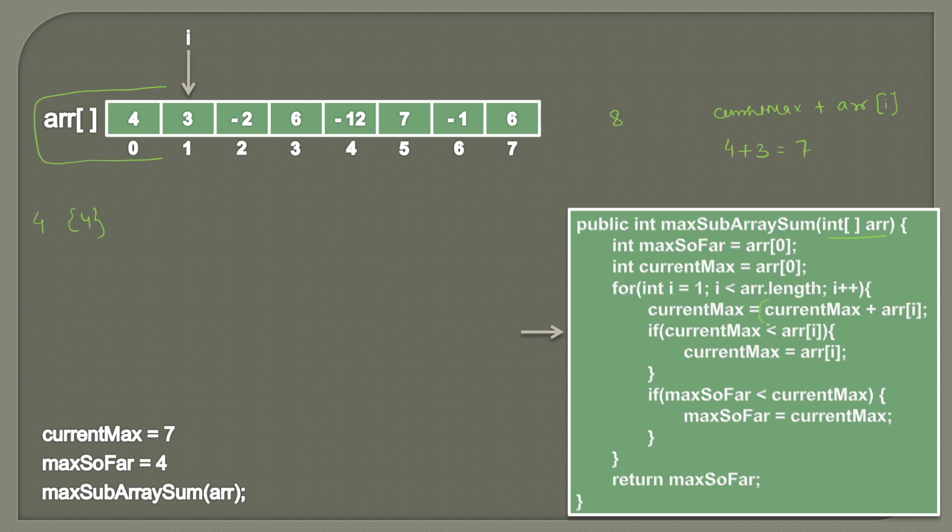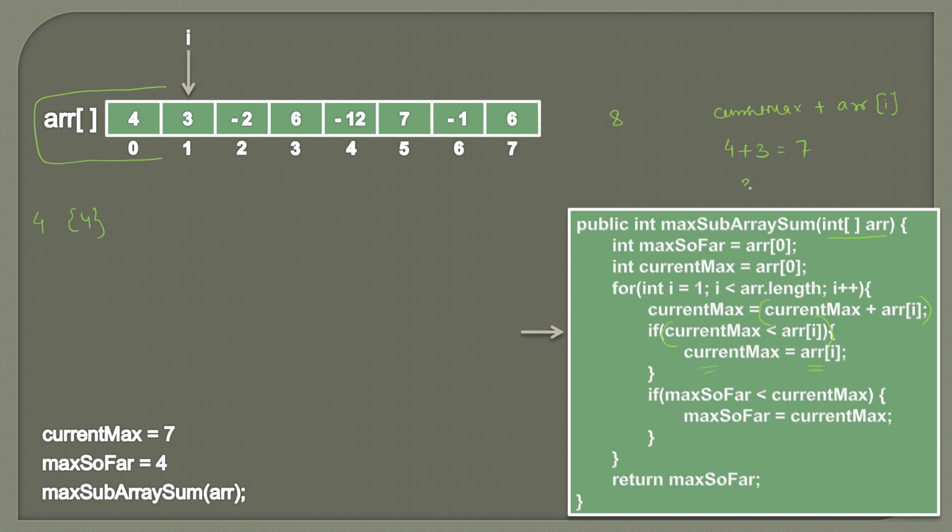Here this part was where the element decides to go with the current subarray, and in this if block there is our second question, that should I start my new subarray? So if current max is less than the value of the current element, then we simply assign this value to the current max.